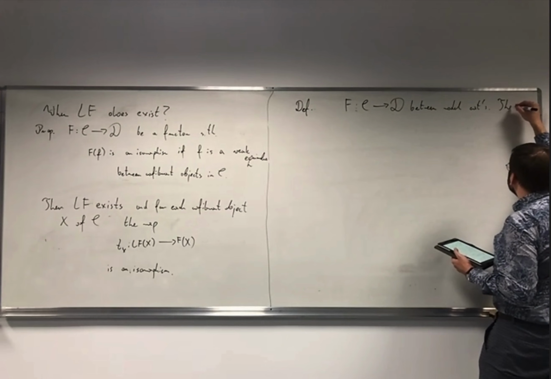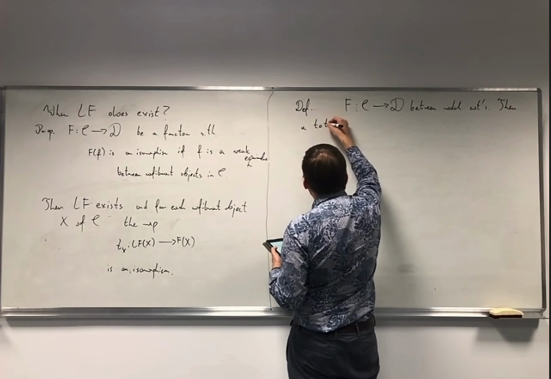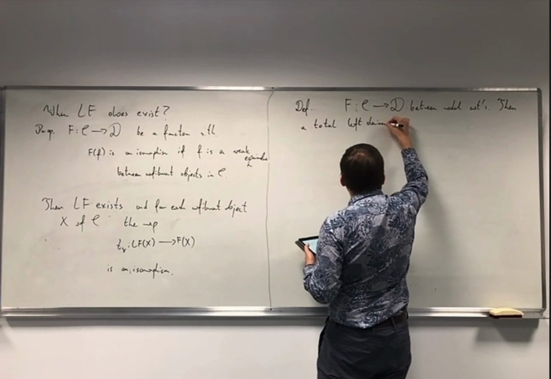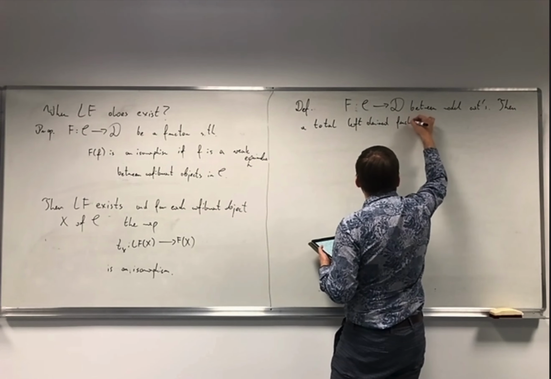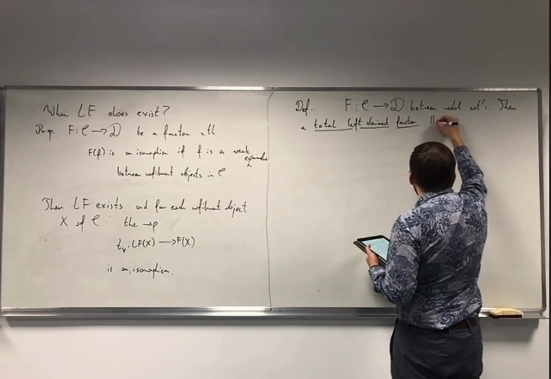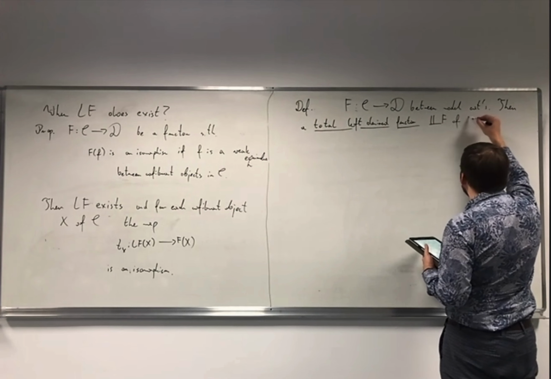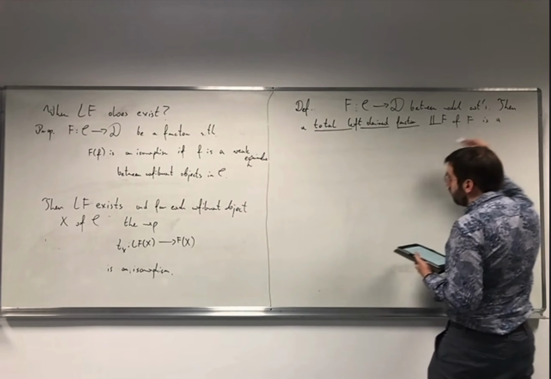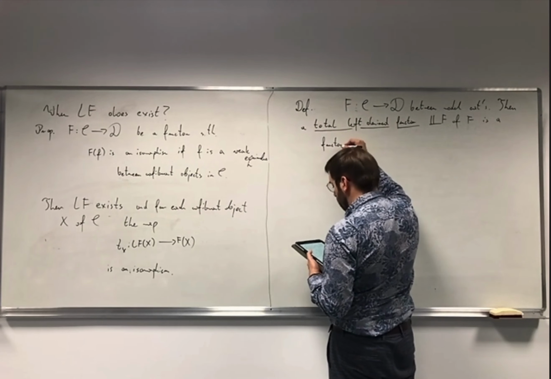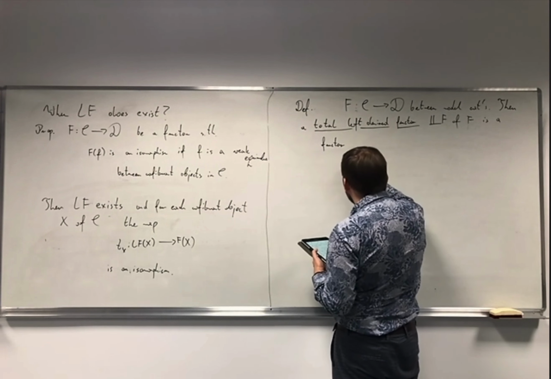Then a total derived functor, left derived functor, LF of F is a functor, so let's write it as this.